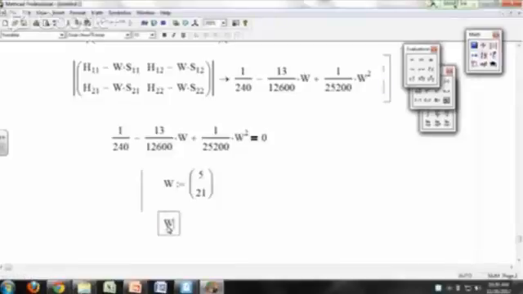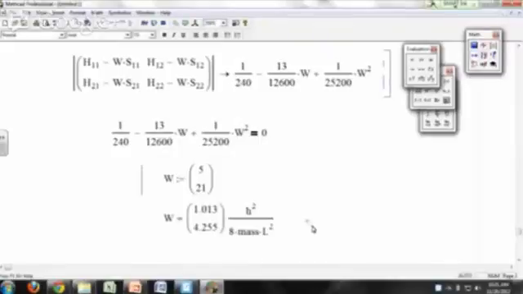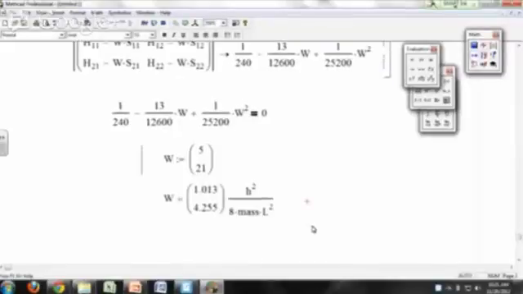Or you can say W equals, in terms of h squared over 8 times mass times L squared, our estimates for the two lowest energies using these two functions would be 1.013 h squared over 8 mL squared and 4.255 times h squared over 8 mL squared.